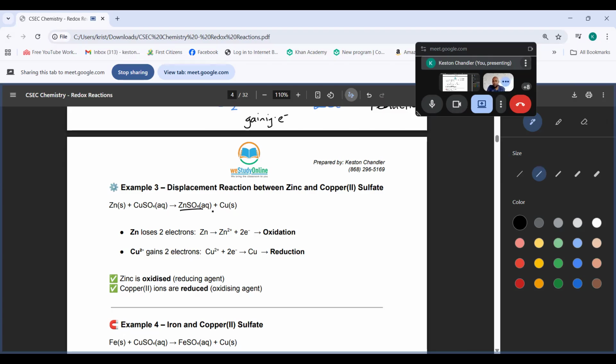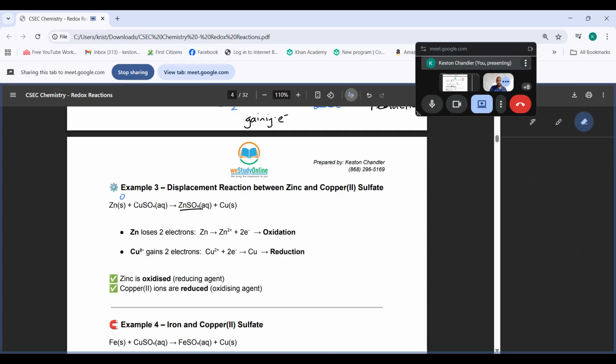So when this happens, on this side of the reaction, zinc here in its elemental form is just zinc alone. It's not combining or bonding with anything else. So in its elemental form, it has a balanced number of electrons and protons. So its overall charge, or what we're referring to as the oxidation number, is 0.